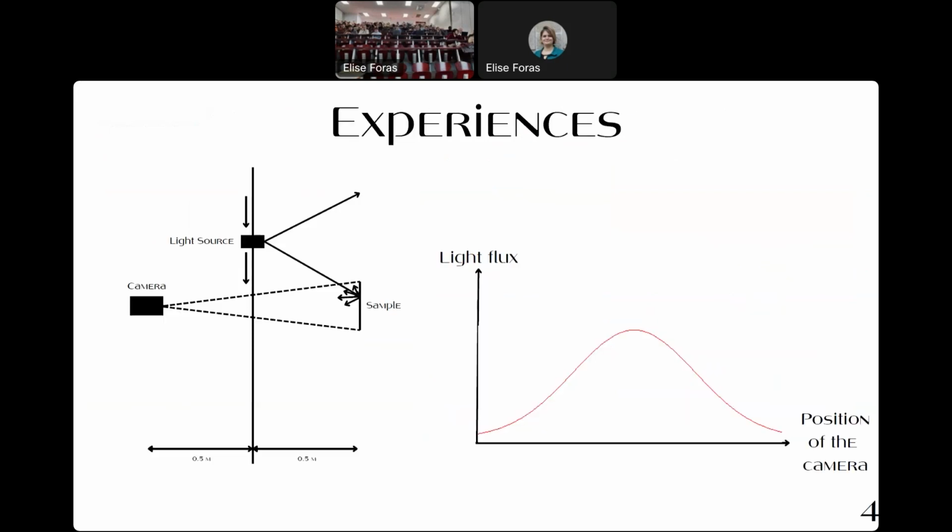So that's why we used a gloss meter. A gloss meter is composed of a light source on an axis that we will move, and of a camera. The point of the experiment is to move the light source along the axis, and for each position of the light source, we take a picture of the sample with the camera.